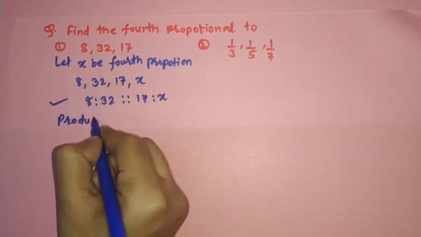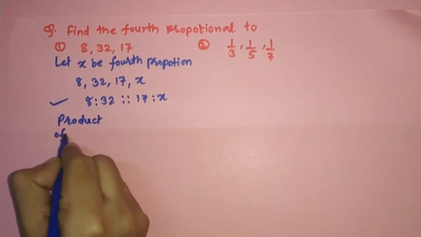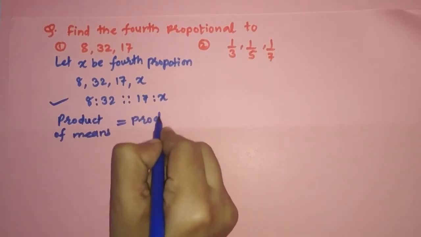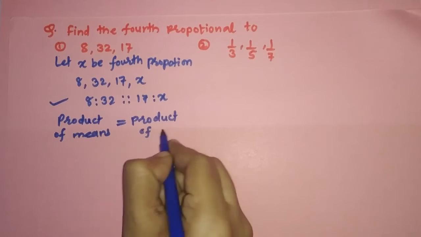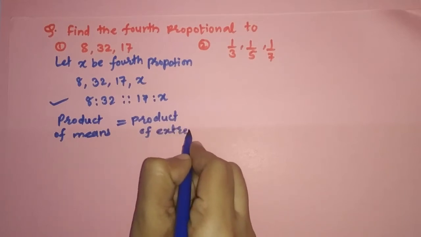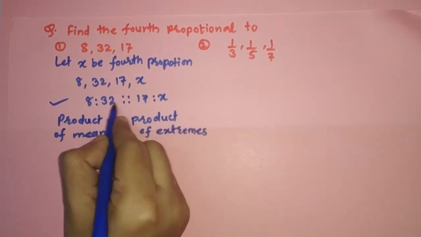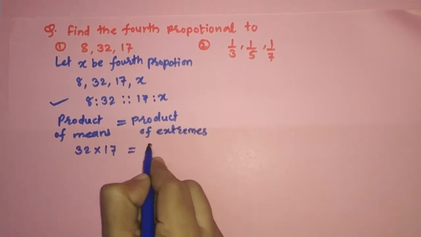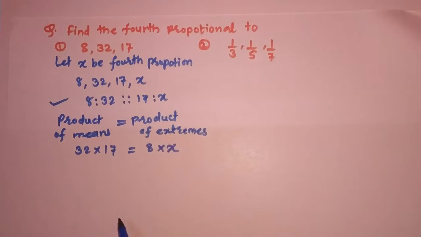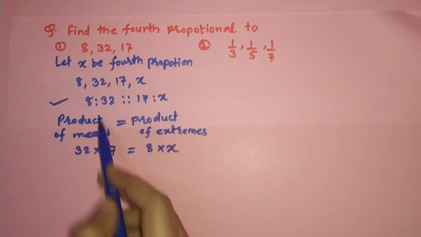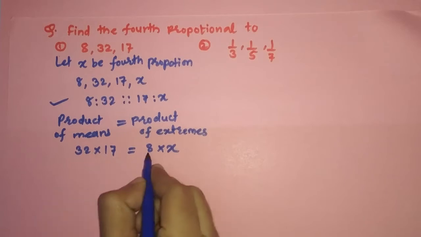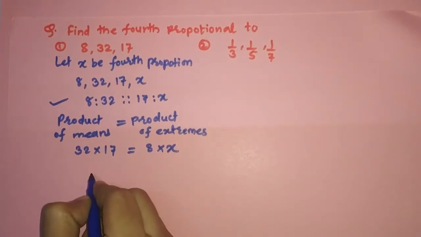As they are in proportion, we can write the product of means is equal to the product of extremes. So we'll write down 32 multiplied by 17, which is equal to 8 multiplied by x. These two are means and the first and last are the extremes. So just send this 8 to the division side.